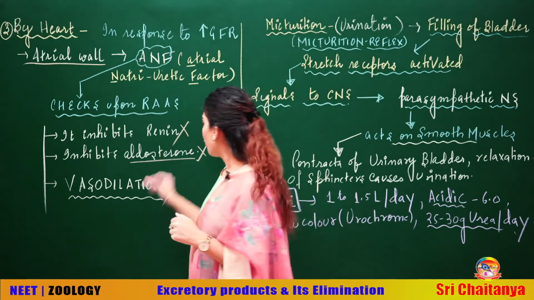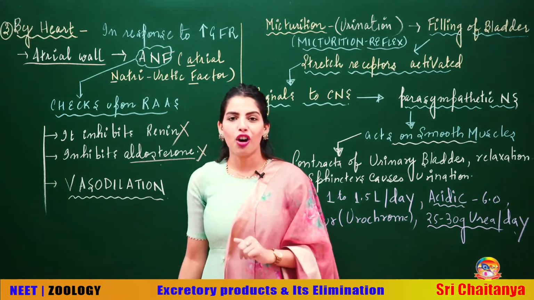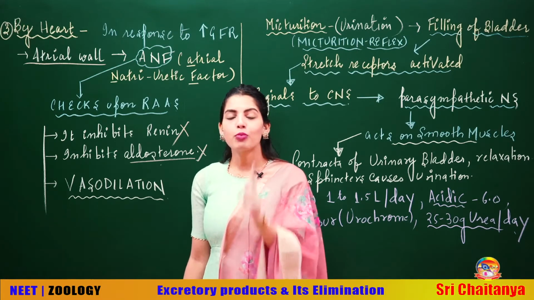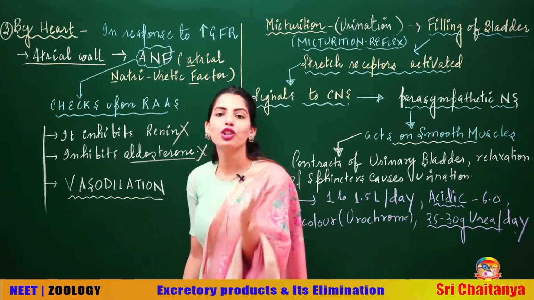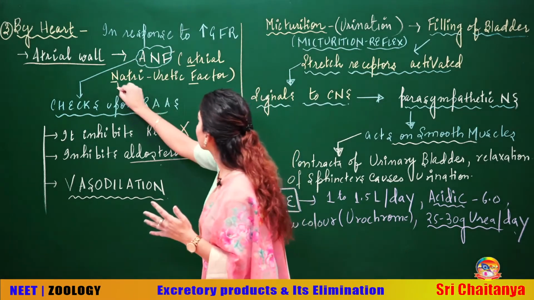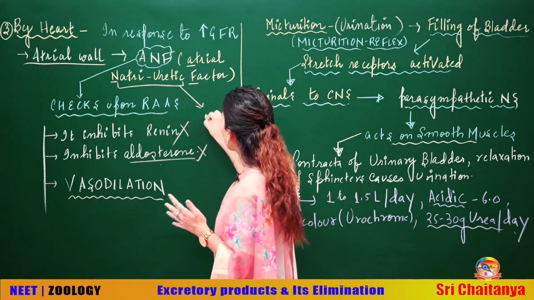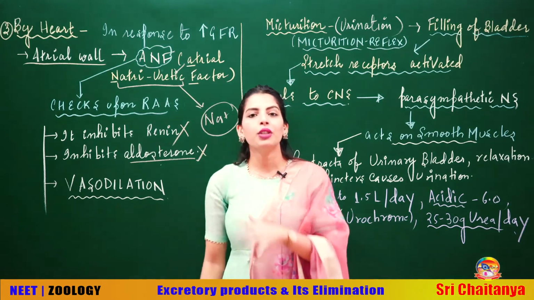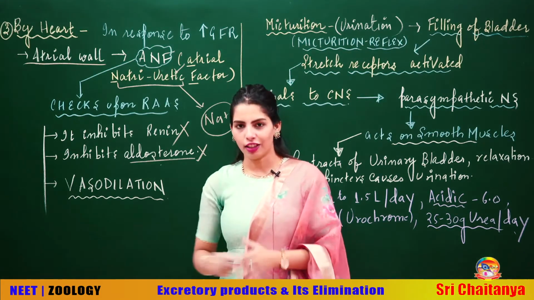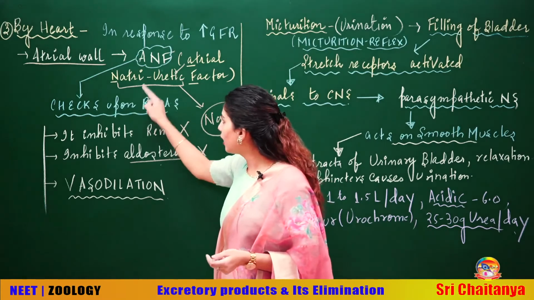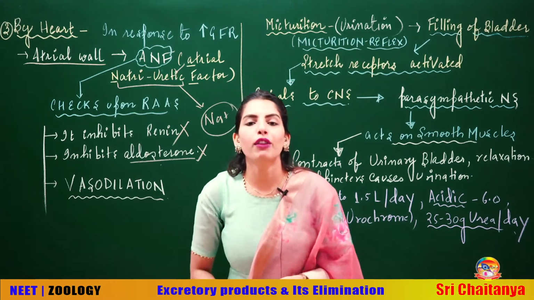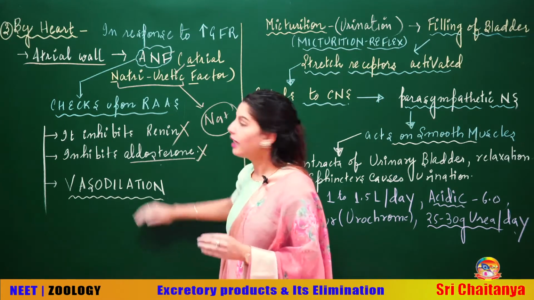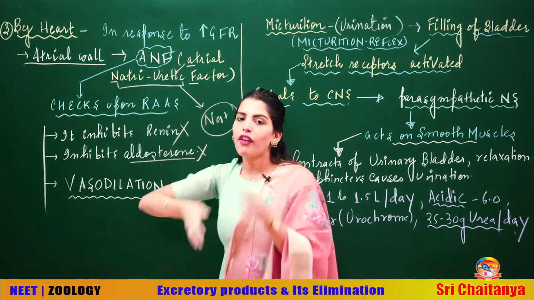Also students, when you have no aldosterone, that means you are not reabsorbing Na plus. That means more Na plus is released out in your urine, and that's the reason why it is called a natriuretic factor. Natri means sodium ions, and sodium ions are seen more in the urine, hence a natriuretic factor. This is the only factor, ANF, that is responsible for vasodilation. That's how it is helping in bringing the GFR back to normal.